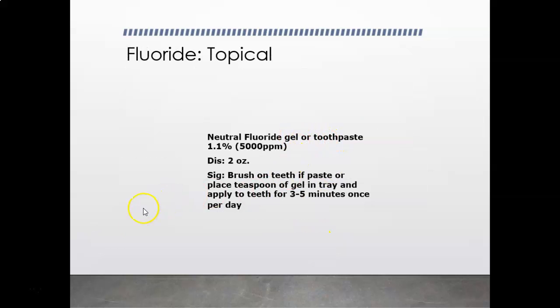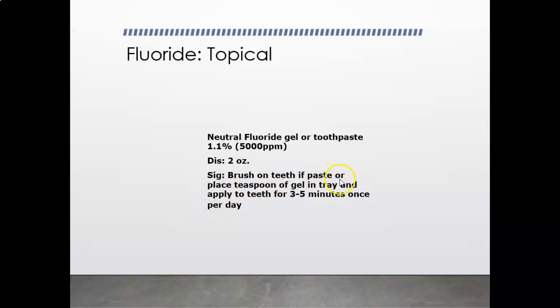So here's another example of another prescription, sodium fluoride gel or toothpaste, 5,000 parts per million. So this is a prescription fluoride toothpaste. It's a 2-ounce tube, and then the instructions are to brush on teeth if paste, or place a teaspoon of gel in a tray. Oh, I see.